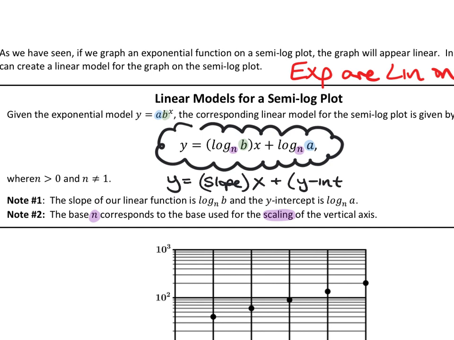I don't want to use m and b again because b we've already used as a letter and it would just confuse you. But if you look at it, this is just a y equals mx plus b equation. The m and the b just come from a logarithmic expression. So our slope is log base n of b, and our y-intercept is log base n of a.